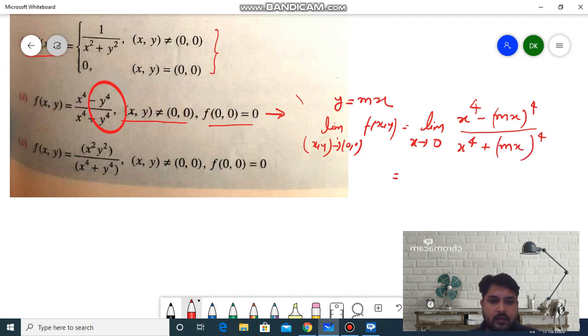Now taking x to the power 4 common from numerator and denominator, we get the limit as x tends to 0 of 1 minus m to the power 4 upon 1 plus m to the power 4, and this limit depends on the value of m.